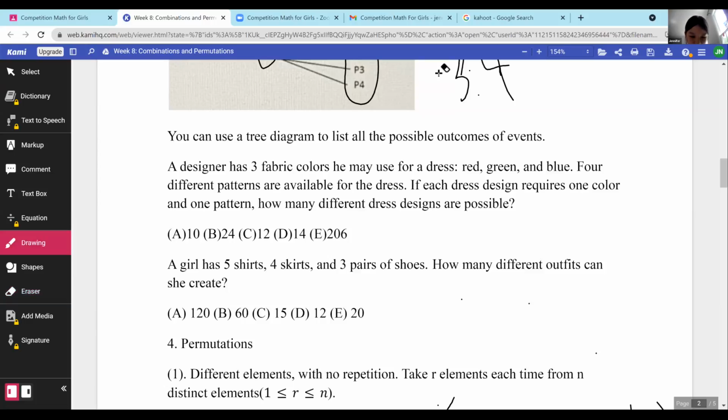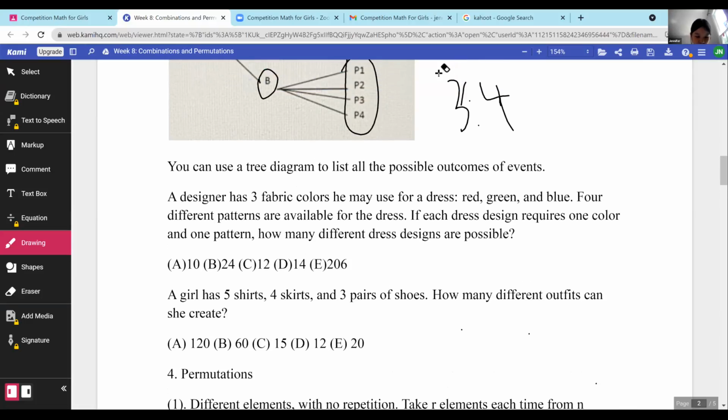Okay, so Yo-Yo, do you want to explain? So there's 5 shirt choices, 4 skirt choices, and 3 pairs of shoes that she can choose from, which means that the number of choices she can make is 5 times 4 times 3, which is 60.